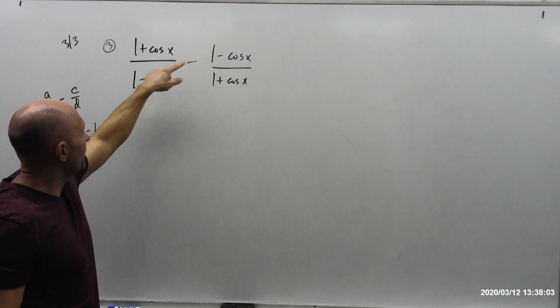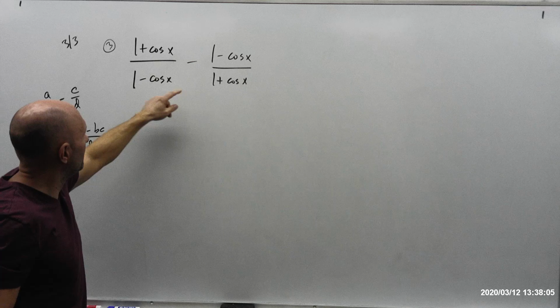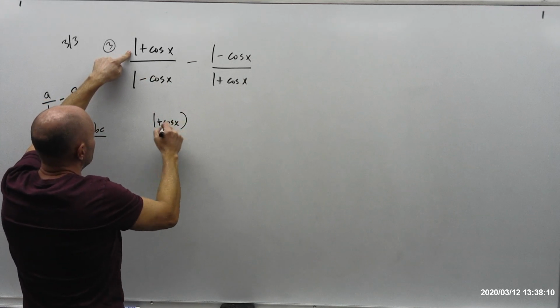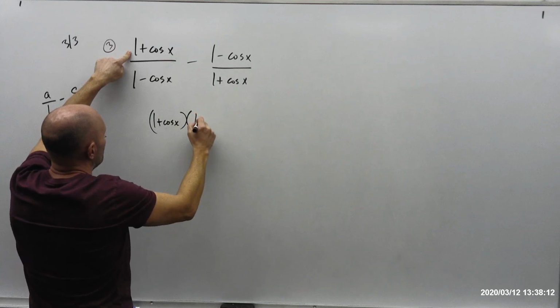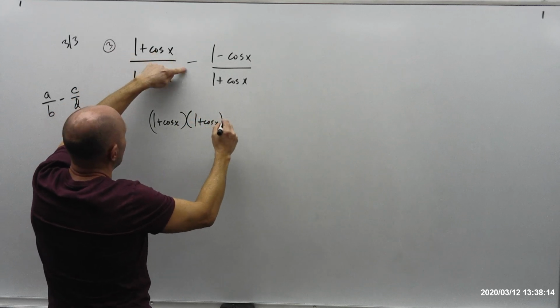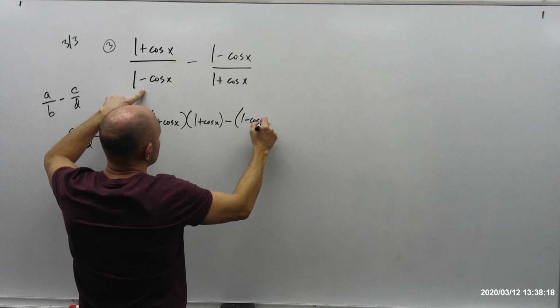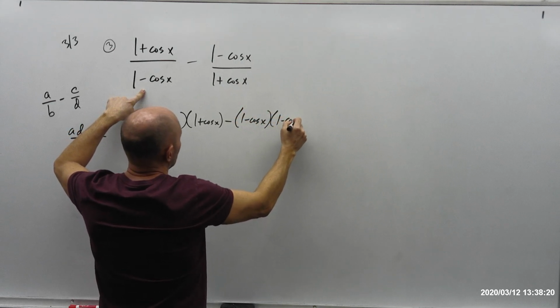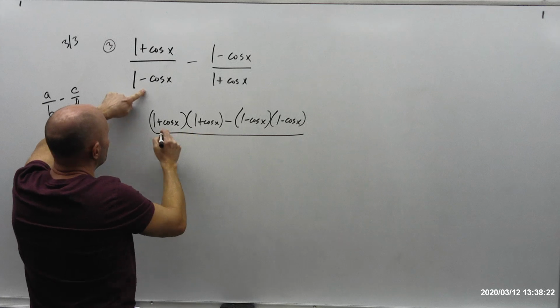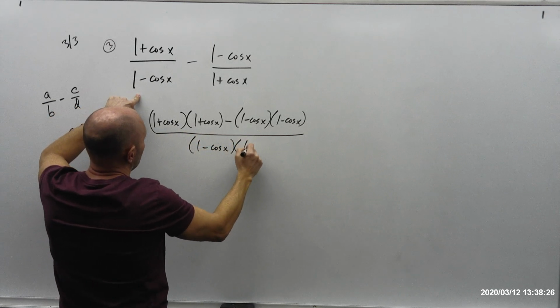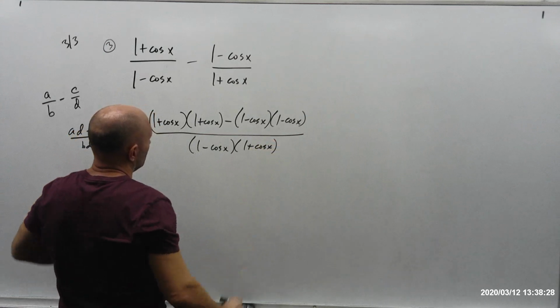So we cross multiply and then multiply the denominators. I get 1 plus cosine x times 1 plus cosine x minus 1 minus cosine x times 1 minus cosine x, all over 1 minus cosine x times 1 plus cosine x.